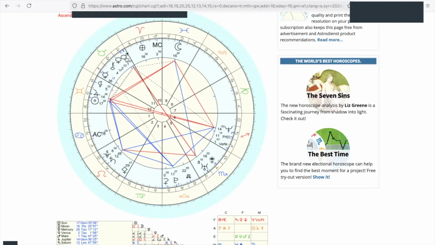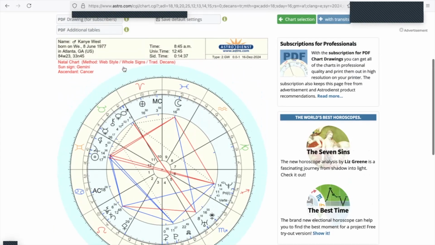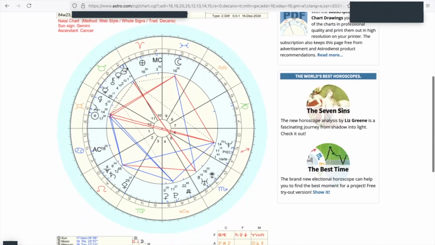This is Mars. Venus, Mars. Oh, wow. Right next to each other. Interesting. Interesting, Mr. West. Okay. So you got Mars, Venus, Mercury, Jupiter, the Sun, Saturn, Pluto, Uranus, and Neptune, and the moon.